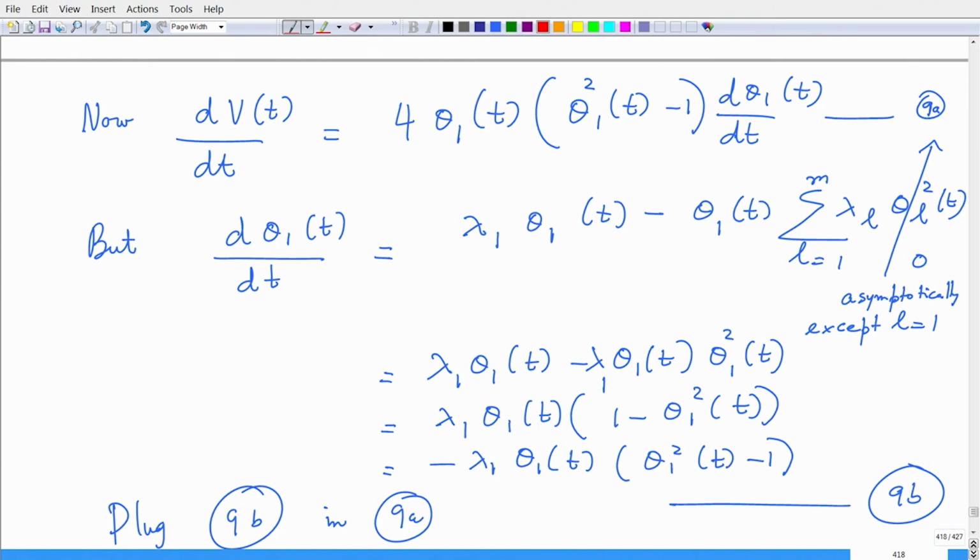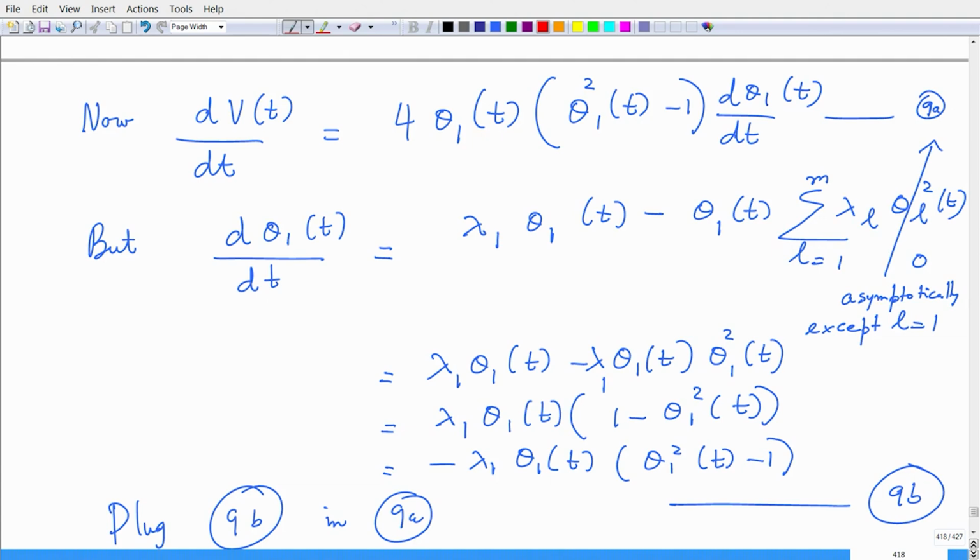But from our previous analysis, all these theta L's dive to 0 except theta 1. So we retain theta 1 and let everything go to 0. When we do the simplification, the second term has theta 1 of t sticking out, and then you have lambda 1 and theta 1 square of t corresponding to the term L equal to 1.